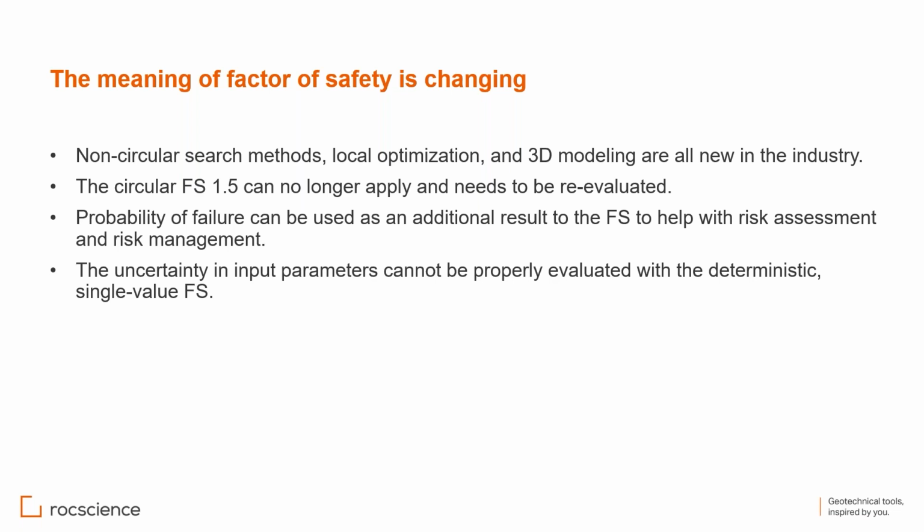Also, as we all know, the uncertainty in input parameters cannot be properly evaluated with the deterministic single value factor of safety. And again, probability of failure and probabilistic analysis can be a great help to consider these uncertainties in input parameters. So these show the value of the probabilistic analysis, and there are other things that we will point out during the presentation.